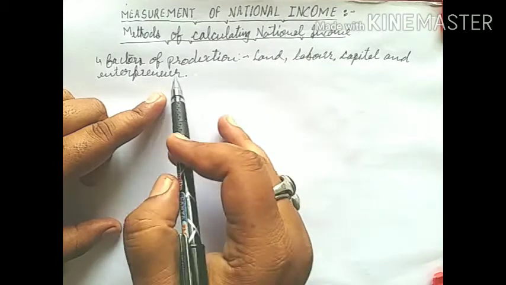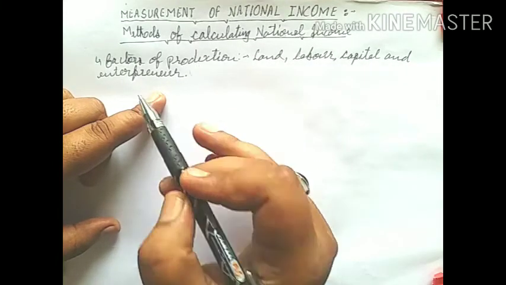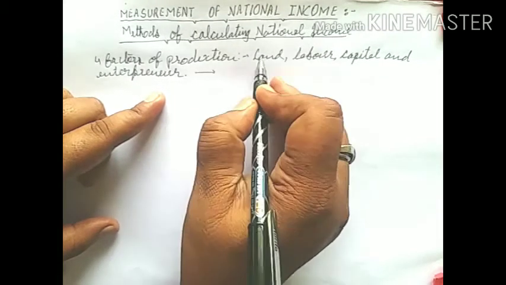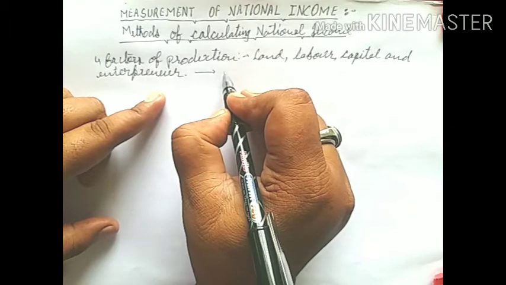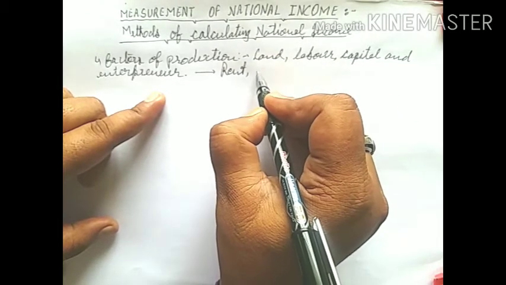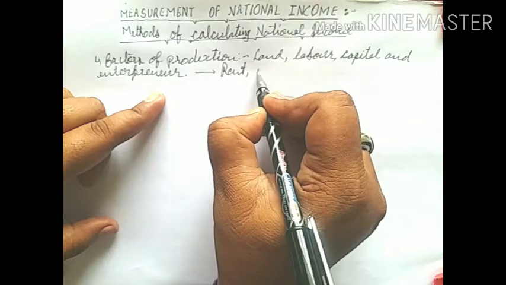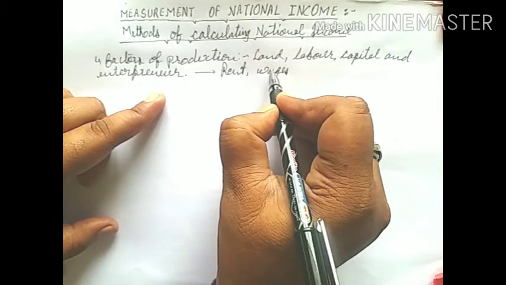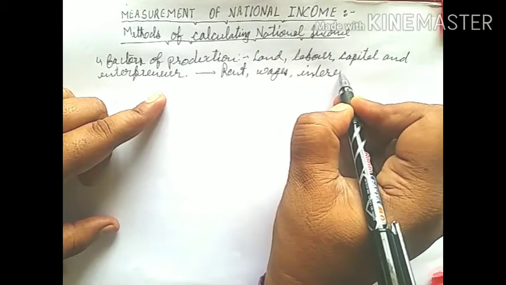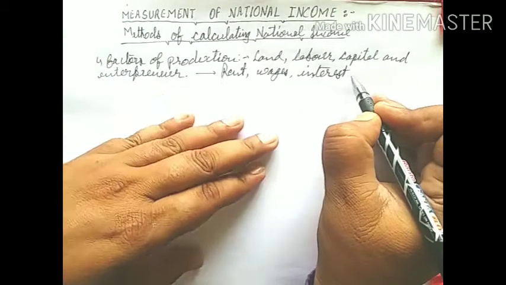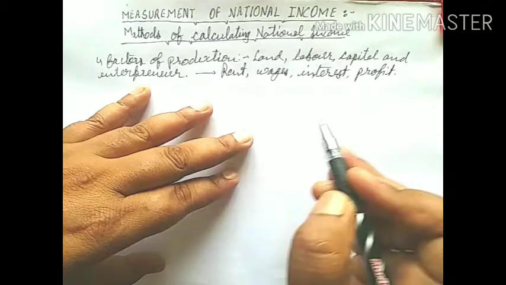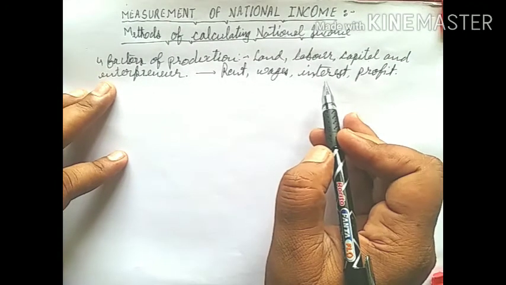These four factors of production are paid for their services in the form of rent, wages for labor, while interest will be the payment for capital and profit will be the payment for the entrepreneur.